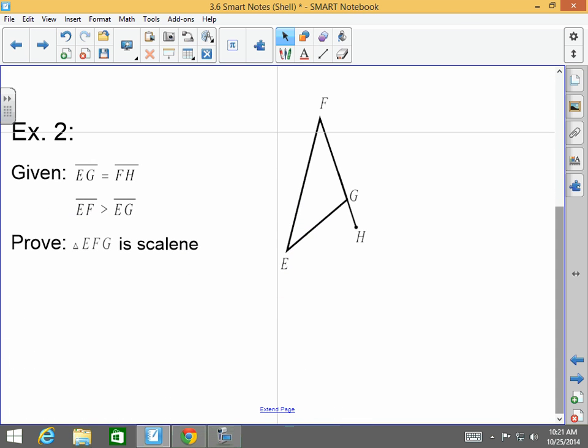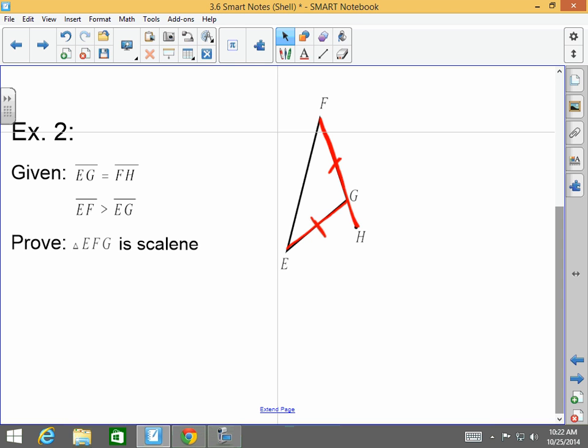Example 2. They tell us here that EG is congruent to FH. Be careful here. Think about this one.